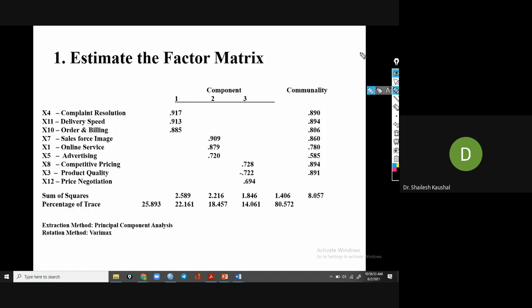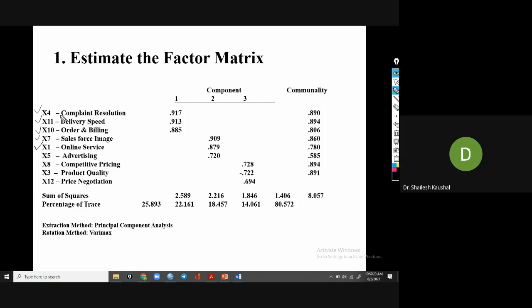So in this case study there are some variables, like x4, x11, x12. I told you we have taken 14 variables for measuring the perception of buyers in a publishing company.